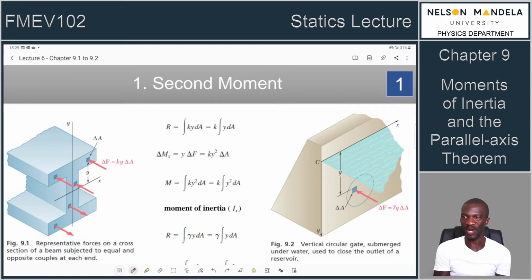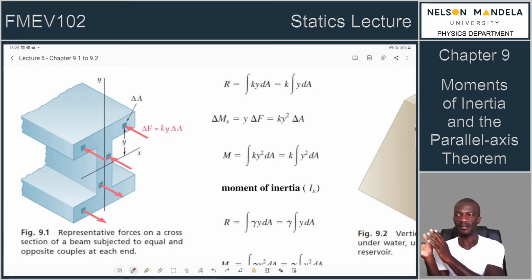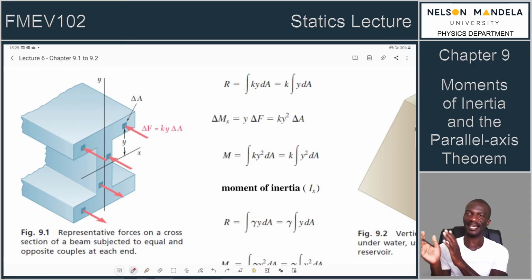So figure 9.1 is an example of forces on a cross section of a beam which is subjected to equal and opposite couples. So on one end, this beam has a certain couple in a certain direction. Then on the other end, this beam has another couple in an opposite direction.